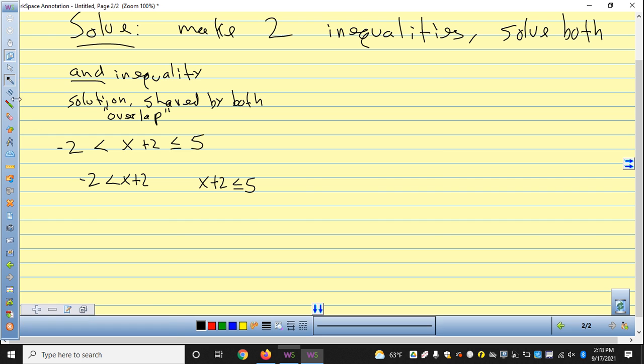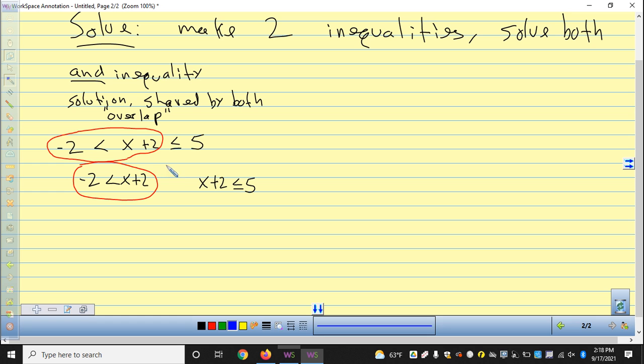The other way we can think of this is, I'm going to circle this part in red. So we have the red part, that's here. And then I'm going to circle this part in blue. We have the blue part here. So I break that into two pieces. And I'm going to solve each one.